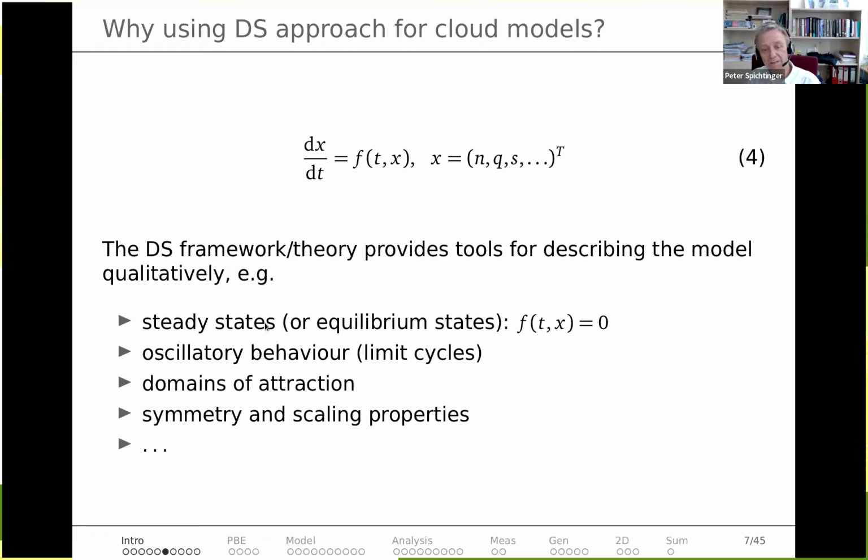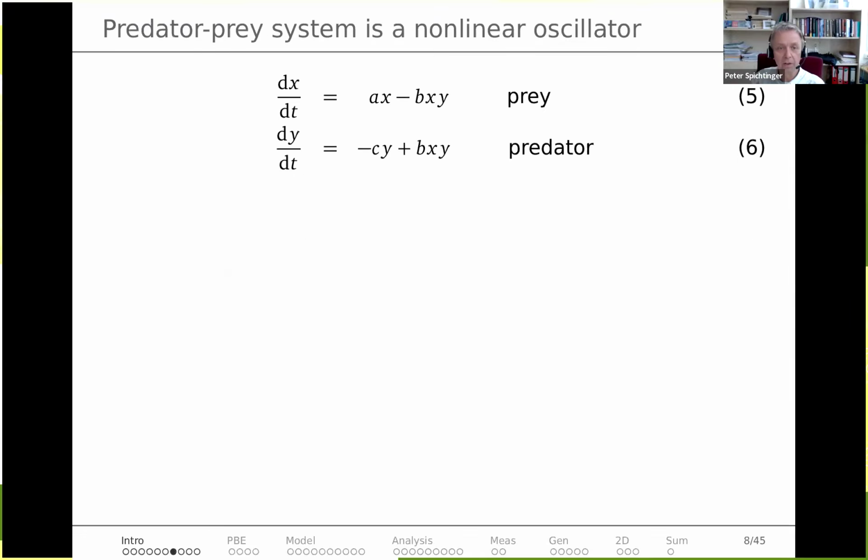You can think about limit cycle behavior like oscillatory things, domains of attraction, symmetries, and so on and so forth. Of course, if the dimension of the dynamical system increases, the degree of complexity also increases. Even for three-dimensional systems, it's really hard to get the limit cycle behavior in the right way.